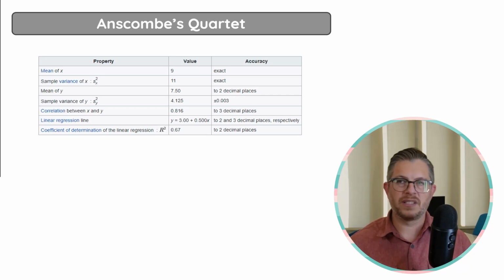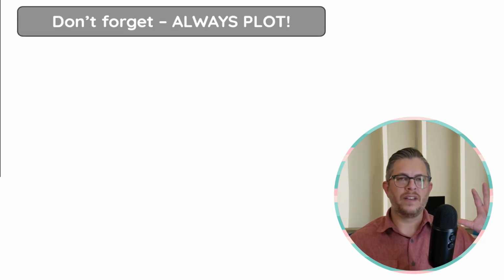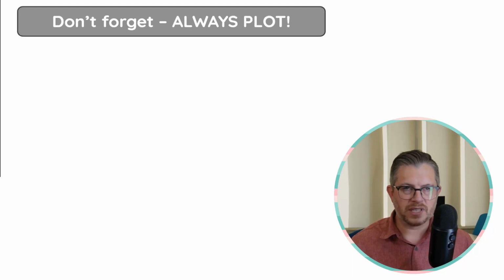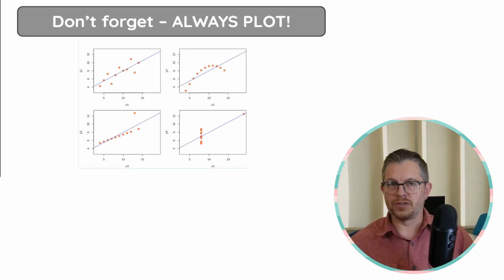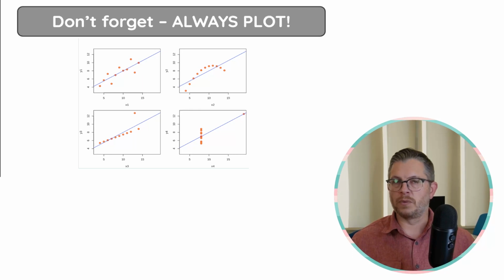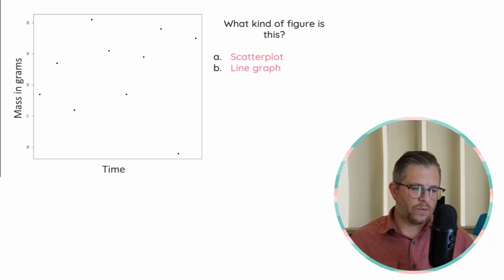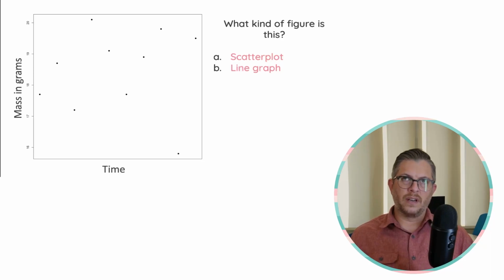The mean is the same, the sample variance, the correlation, the regression, all of it is identical. But don't forget, even though right now we're talking about descriptive statistics, you still need to always plot it out. So these are those 4 showing us 4 very different relationships that would have a huge impact on whatever biological system we're examining.